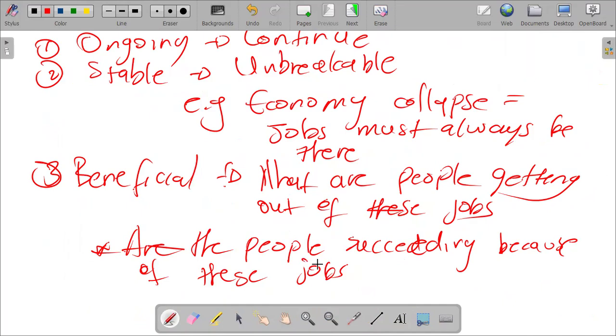Are the people succeeding? Is the economy, or rather the community, growing? Is the environment growing? Are people getting more job opportunities or more money? So is there a positive impact in the environment where the job is situated?